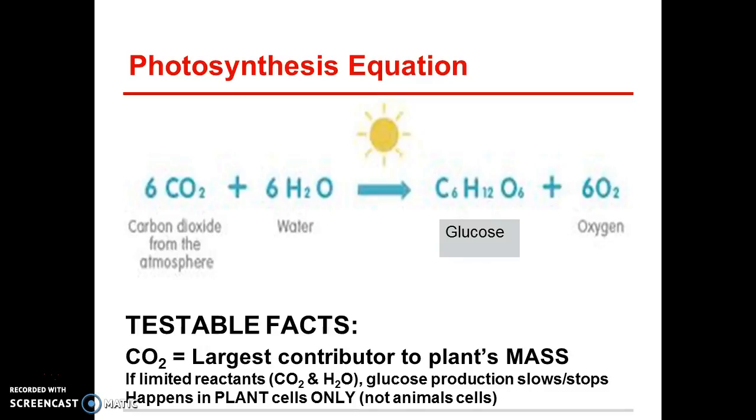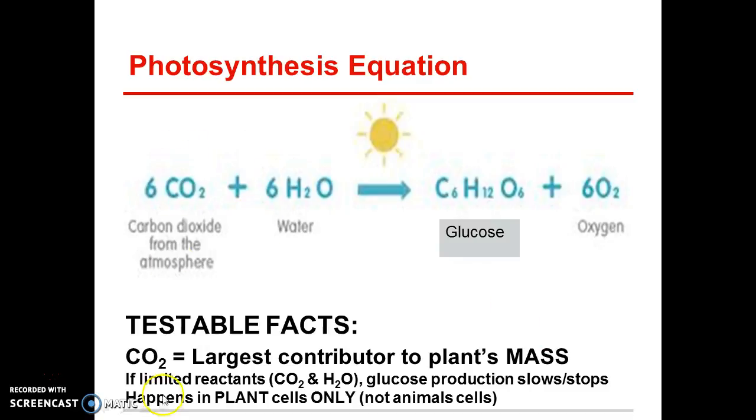Well, we later found out that CO2 from the atmosphere was actually contributing the most to a plant's mass, and that is because it's showing up in glucose. It shows up in this food, this stashed away energy. That's what this is. So it's actually a substance that gets packed into the plant.